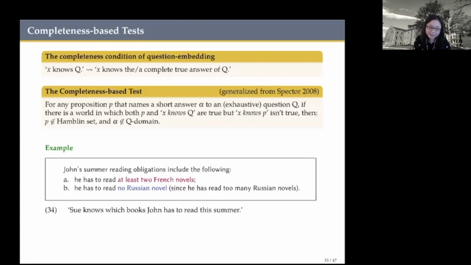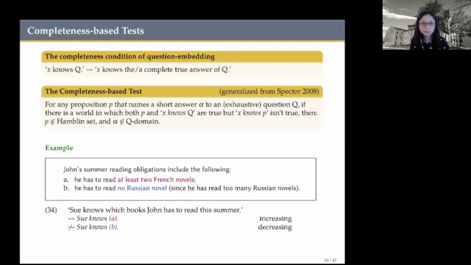In this context, 34 implies that Sue knows about the reading obligation A, which names an increasing quantifier, at least 2 French novels. So that shows that we shouldn't exclude the increasing quantifier at least 2 French novels. In contrast, it does not imply that Sue knows about reading obligation B, that John has to read no Russian novel.